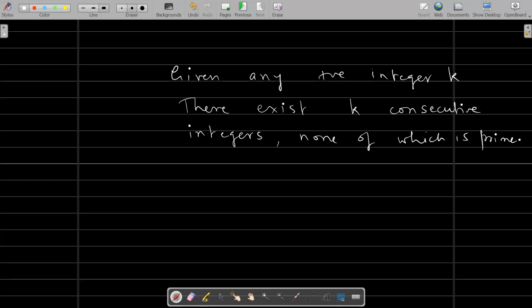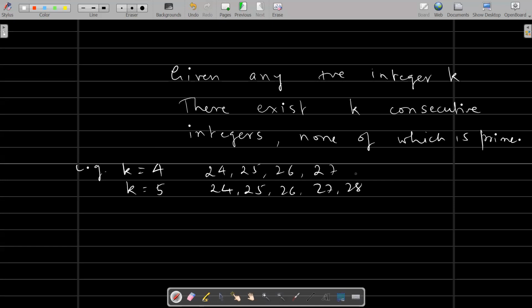So for example, suppose I give you say k equal to 4. And you produce 4 consecutive numbers, none of which is prime, and that is something small. So like 24, 25, 26, 27, right? Or for that matter, if somebody asks say k equal to 5, you can extend this same list by one more.